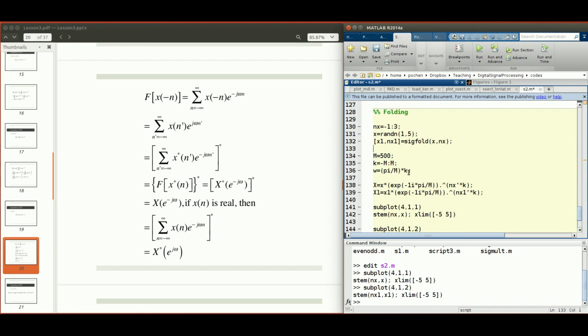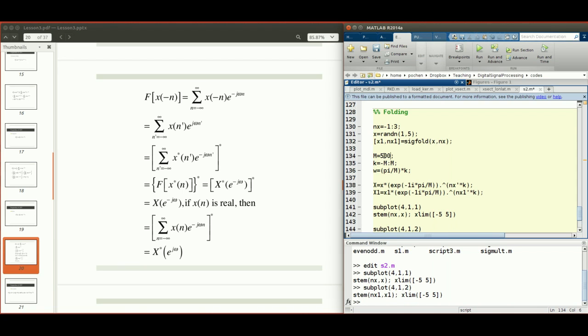And once we have these two time domain signals, we can try to compute their Fourier transforms. So again, we are using this kind of discretization of the frequency axis. So W is actually omega, right? Big M is 500. We are using like 500 samples or 501 samples. And the range goes from -pi to pi, I think, right?